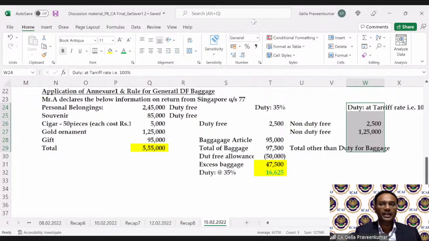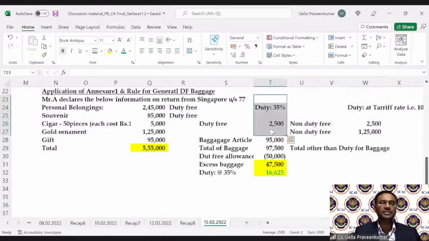Now, you can ask why this treatment is given, Priya, if you look at the logic. See, gold and silver is just bullion, so the regular tariff rate is much, much less than this baggage rate.